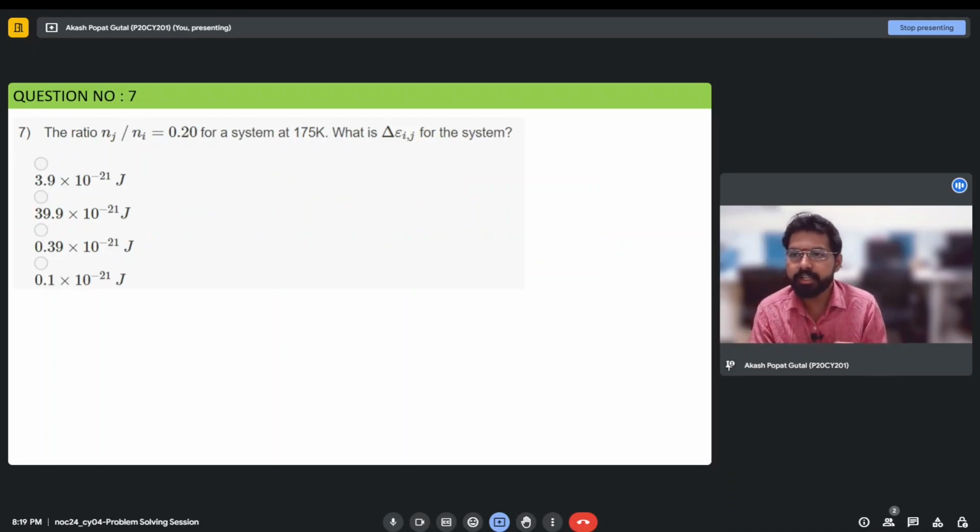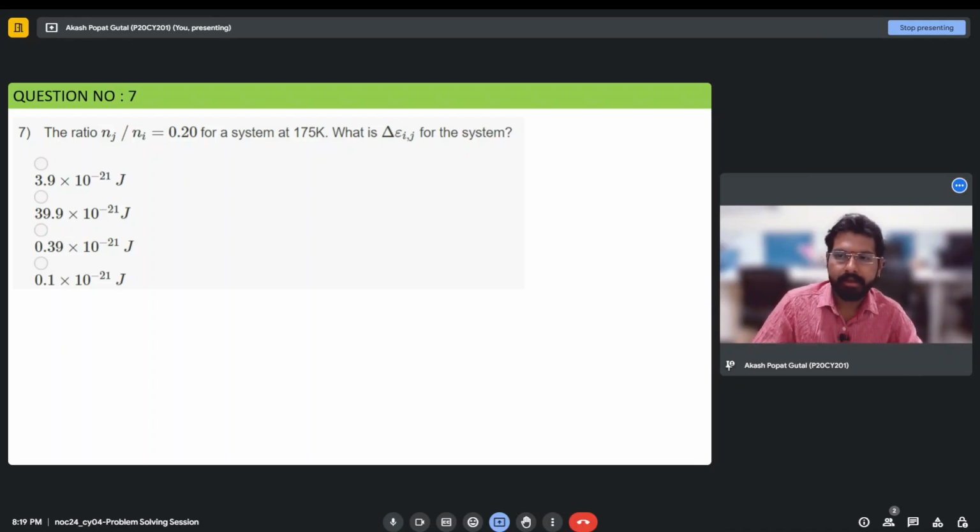Next question: the ratio Nj by Ni is equal to 0.20 for a system at 175 Kelvin. What is delta epsilon ij for the system? Please calculate. Take 2-3 minutes and tell me the answer if possible.